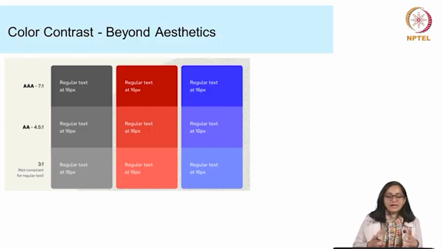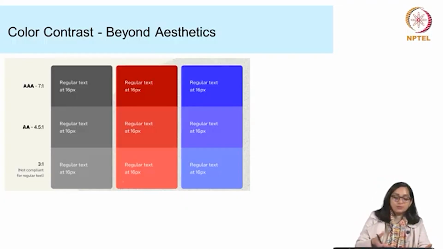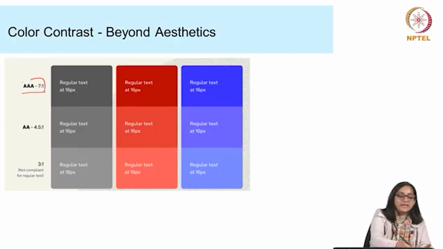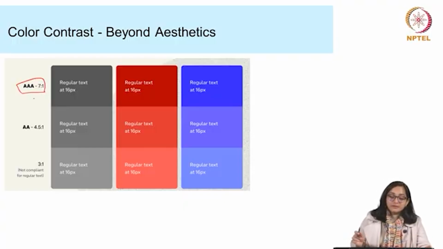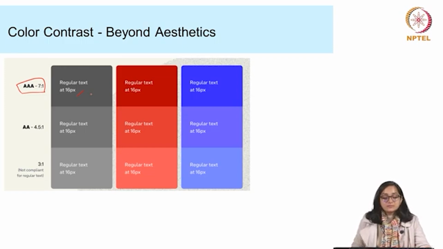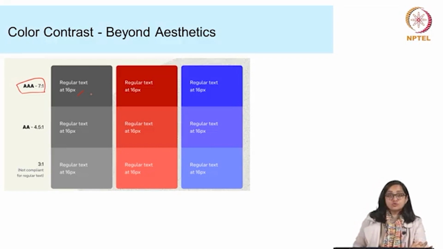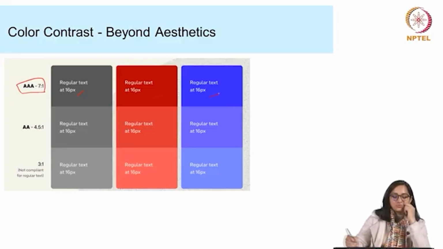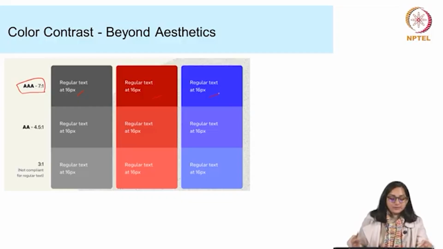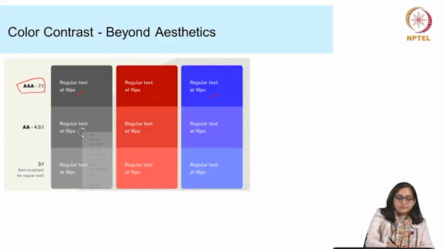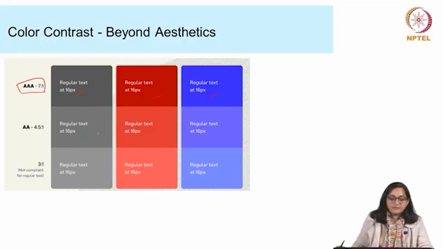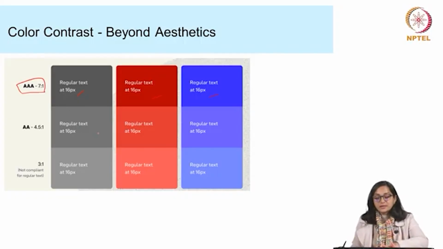Now color contrast levels. At AAA level, the top level, regular text at 16px has to be 7:1. This is an example of what 7:1 looks like. This is also an example of 7:1. At AA, it is 4.5:1 against this background.